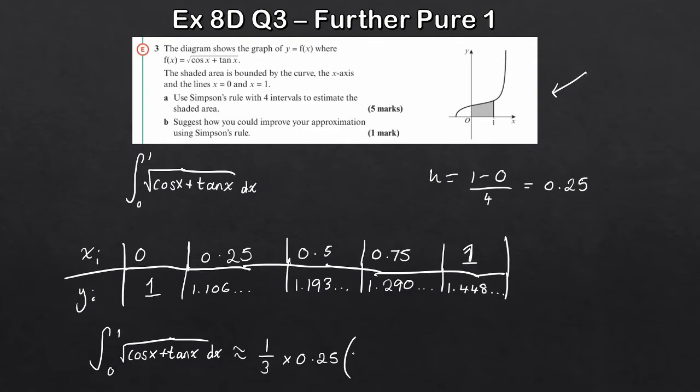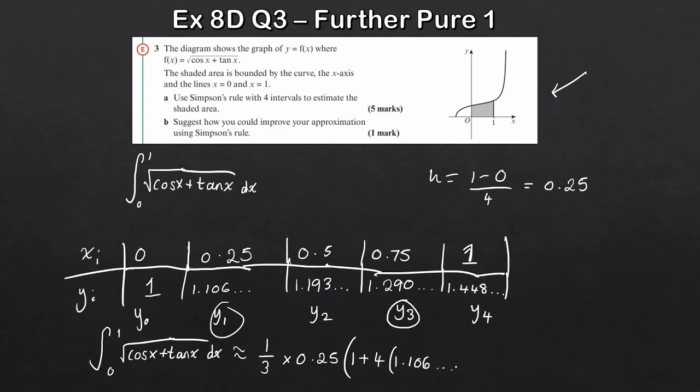So put the first one there, that's 1, plus 4 lots of your odd ones, y0, y1, y2, y3 and y4.